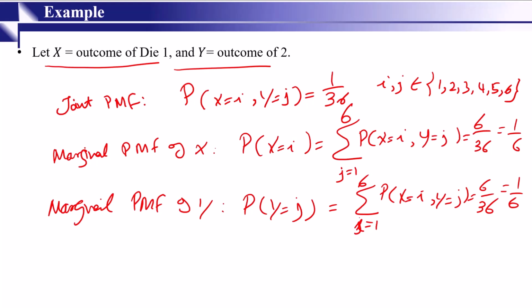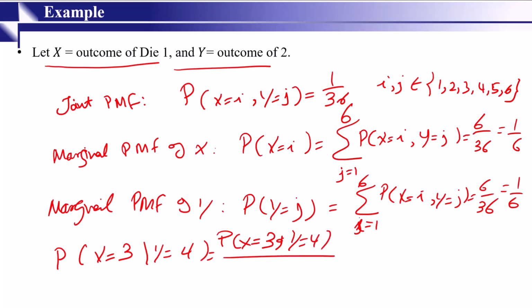And suppose I want to find the probability of X equal to 3 given Y equal to 4. So the probability of X equal to 3 given Y equal to 4 is equal to the joint PMF, the probability of X equal to 3 and Y equal to 4, which is somehow the intersection, right, divided by the marginal probability of Y equal to 4, right?